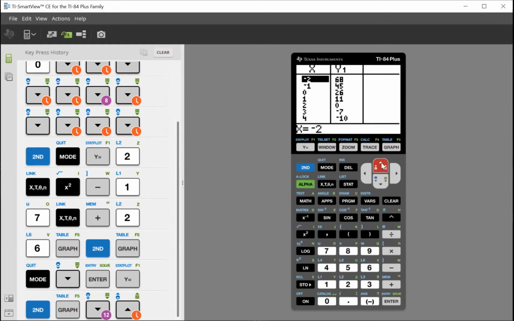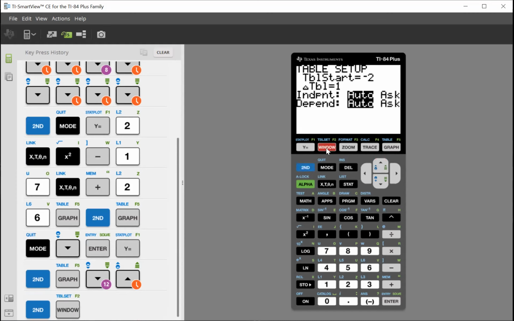And since my first number was a 2, what I can do on that is fix my table. I'm going to hit second window. And you see where it says triangle table? That means the change in your table. So if your first number is a 2, you want to make this a 1/2.